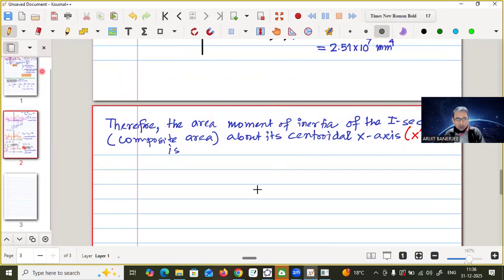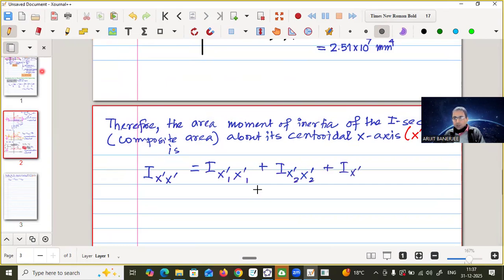I x prime is equal to I x prime 1 plus I x prime 2 plus I x prime 3. Okay, is it clear? So what is that? Please tell. What are the values that you have calculated already?